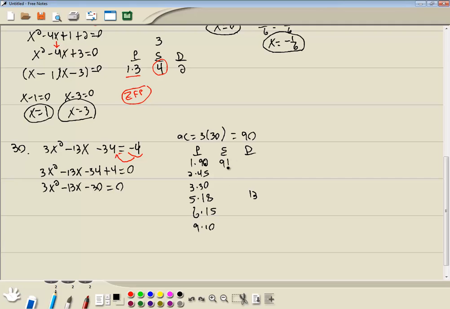Add them. Subtract them. Okay, 9, 1. So the number we're looking for is the number in our middle term, which is 13, so we're going to use 5 and 18.